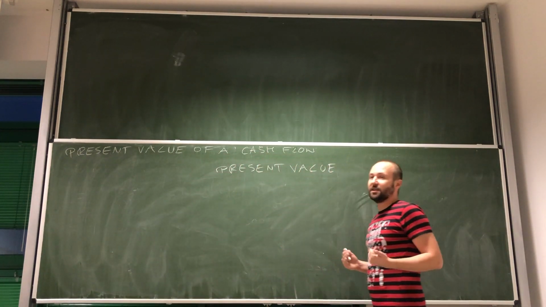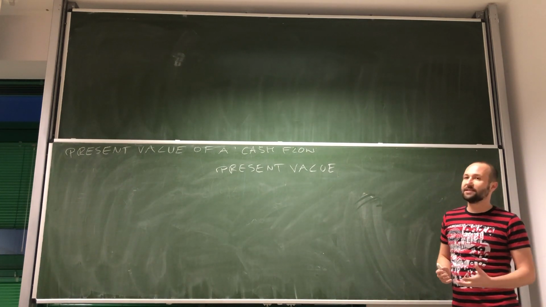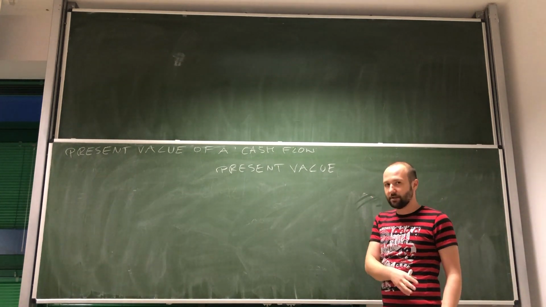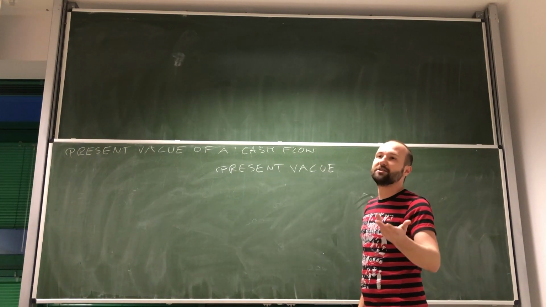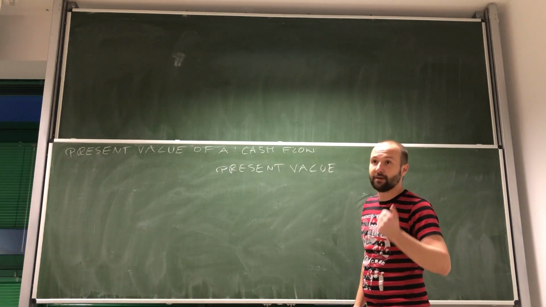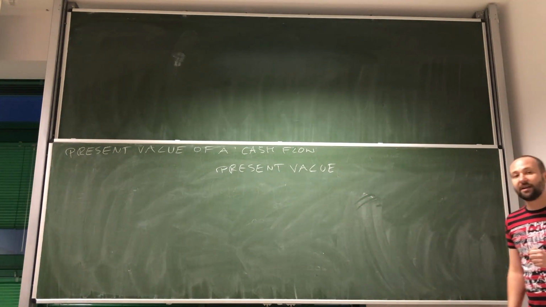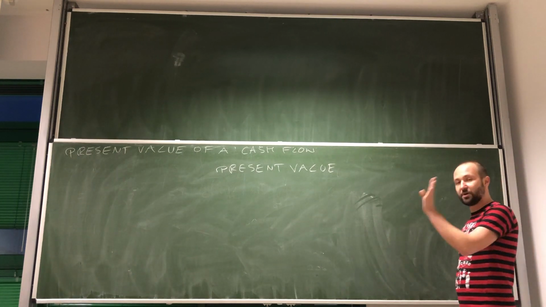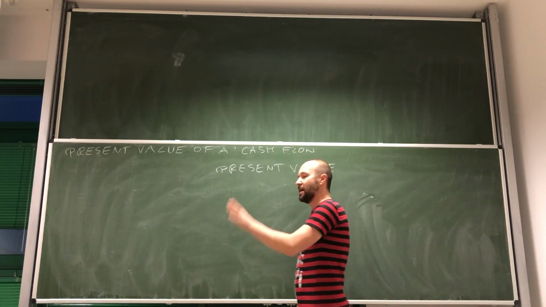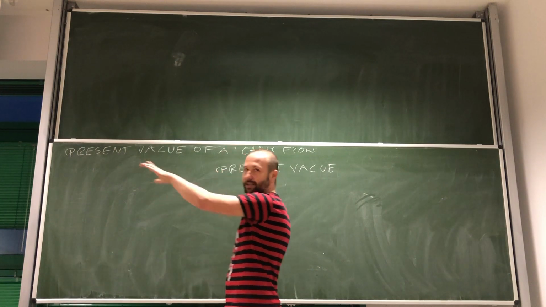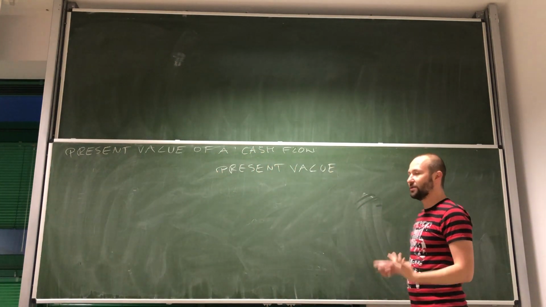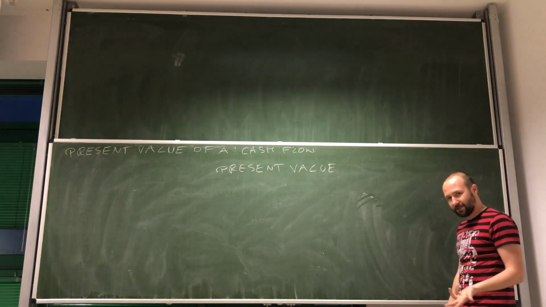Because if we get $1,000 today, we can put the money into a bank and get interest on it. And of course, if we are not getting the money right now, but instead in the future, we are losing this interest.